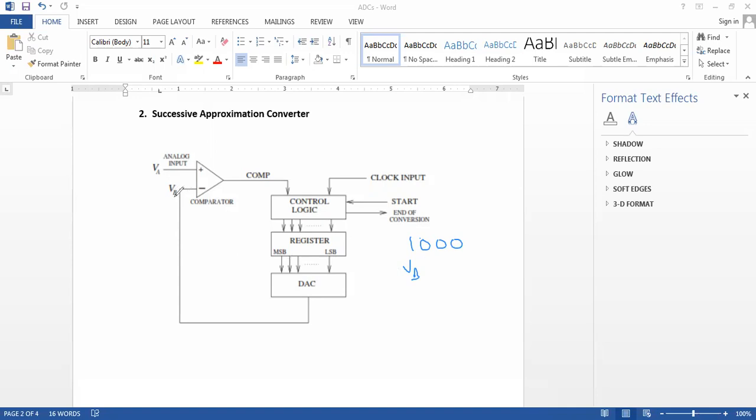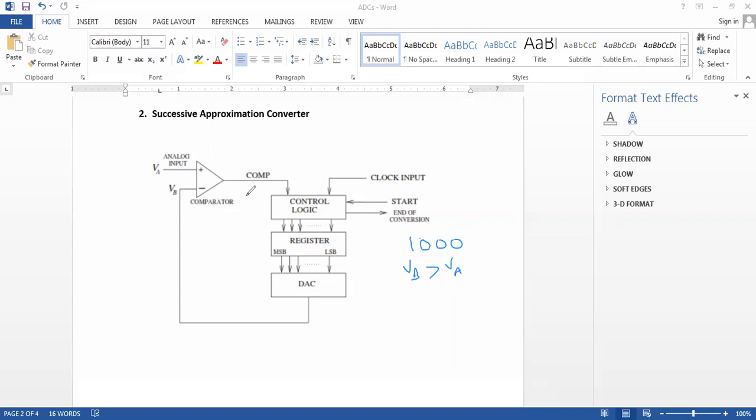VA and VB are compared, and if VB is greater than VA, that means our choice of 1, 0, 0, 0 is larger in comparison with the analog input voltage VA.